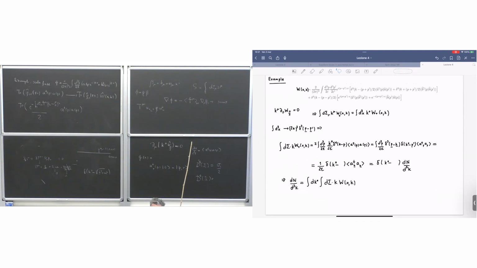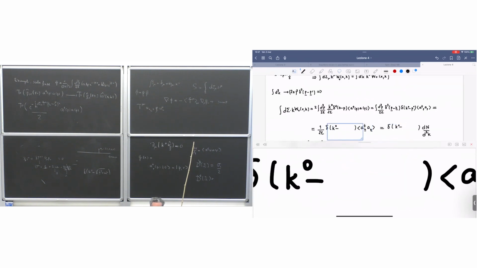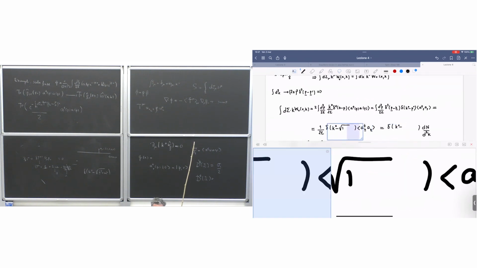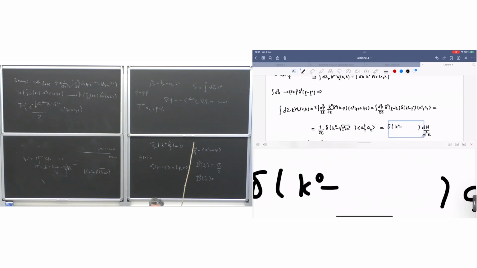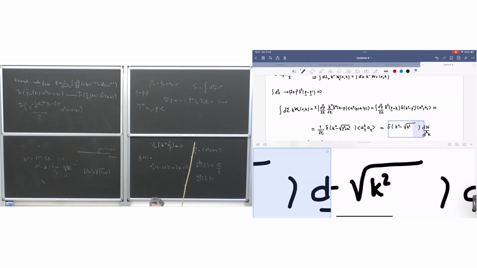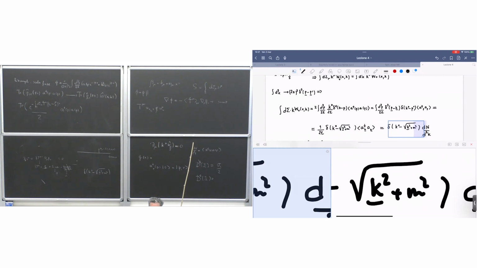Because everything, after all, should depend on k. So I should have written here minus k squared momentum plus m squared, and here as well, right?